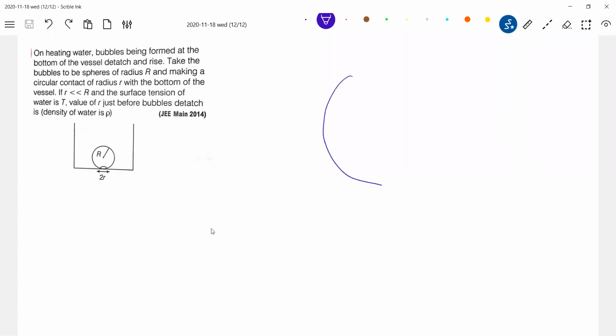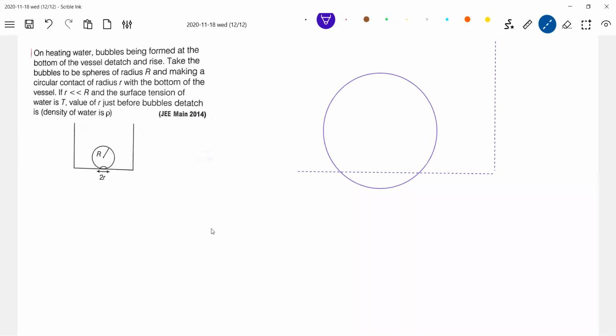Okay, this is a bubble. This is the bottom of the vessel.